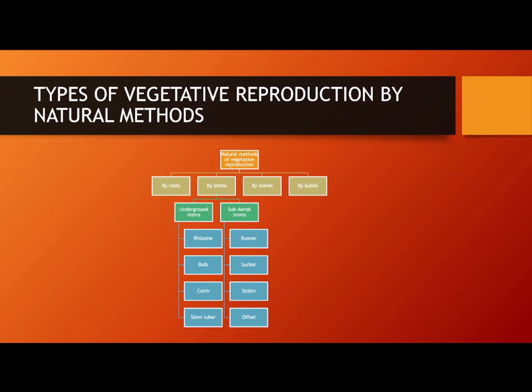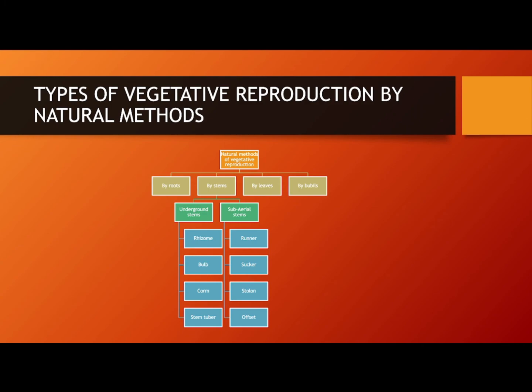This is just a flow chart to make you understand the different methods of vegetative reproduction. Vegetative reproduction could occur by root, stem, leaves and bulbils. Under stems we are going to see two different subtypes, underground stems and subaerial stems.